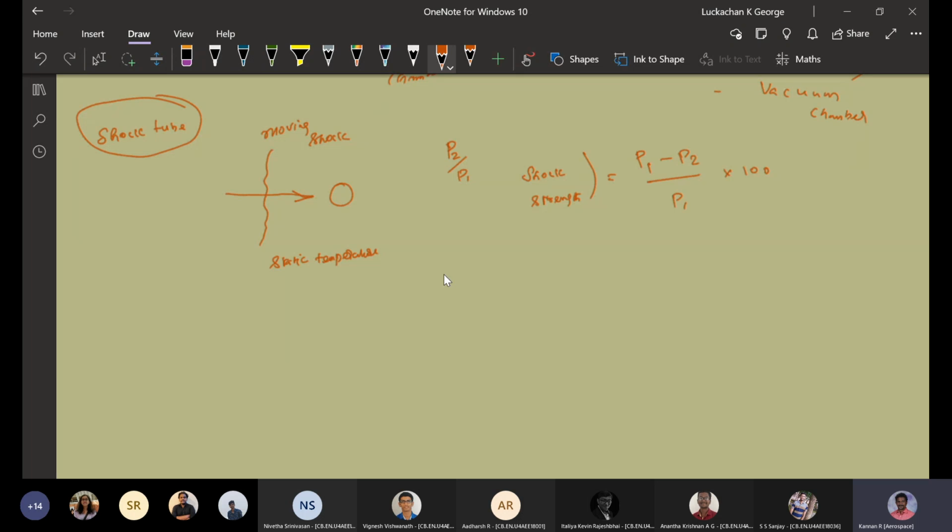First of all, you have to convert from the moving frame to the stationary frame. Then you have to establish the properties. Then you have to bring it back again to your moving shock. Then only you can find out the property.